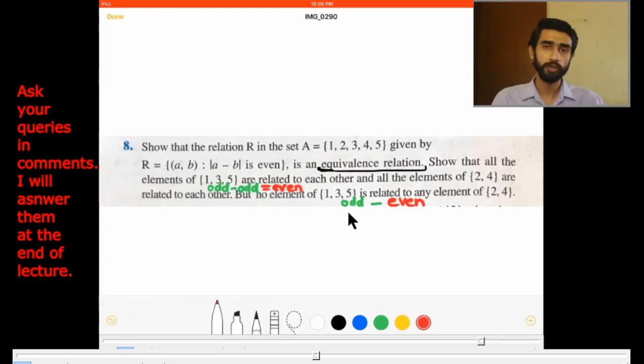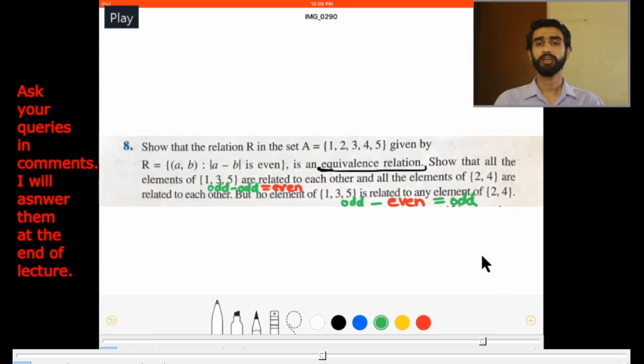And when we subtract an even number from an odd number, what will we get? We will get an odd number. So this does not satisfy the condition of relation, because relation तो कह रहा है कि उनका difference हमेशा even होना चाहिए, पर यहाँ पर we are getting the difference odd. Hence we can say that they are not related to each other. I hope it is clear.